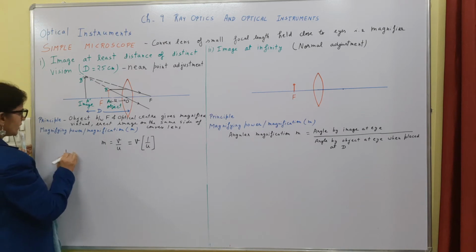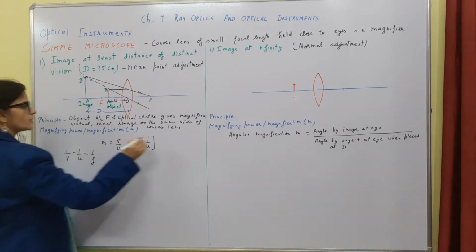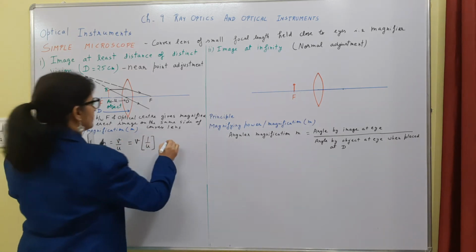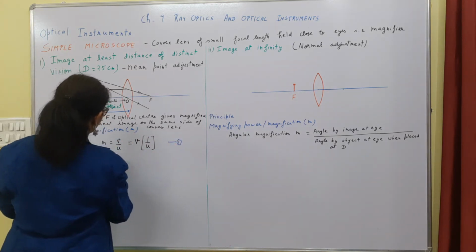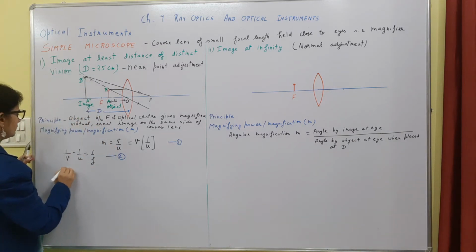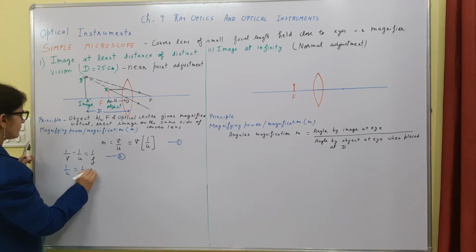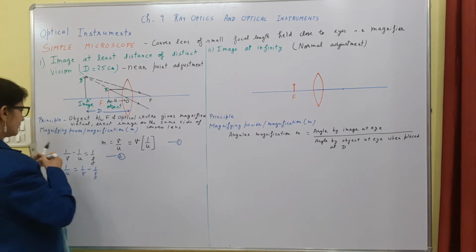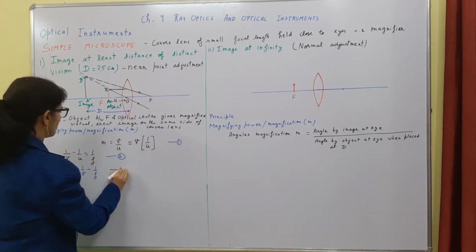And we also know that 1 by v minus 1 by u is equal to 1 by f. If I mark the magnification relation as equation 1 and this as equation 2, then from here 1 by u can be written as 1 by v minus 1 by f. Let's mark this as equation 3.